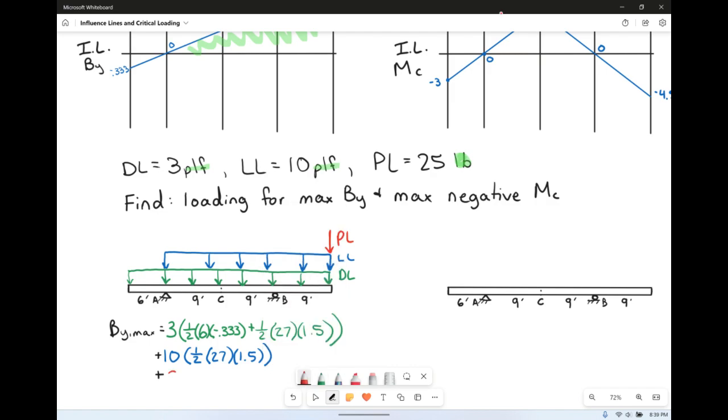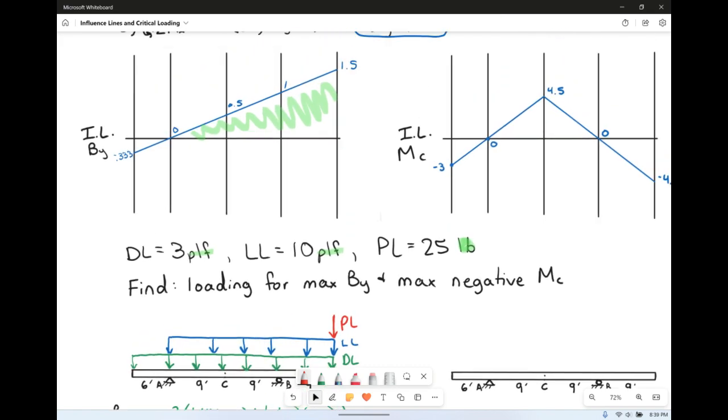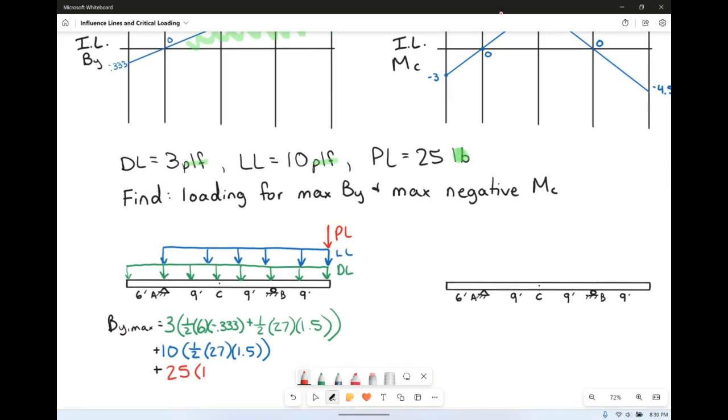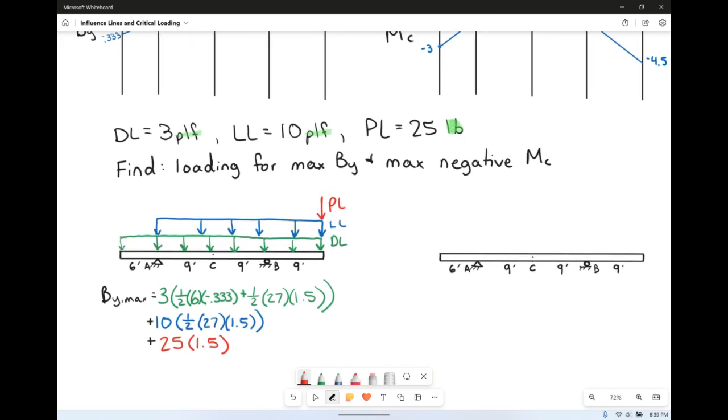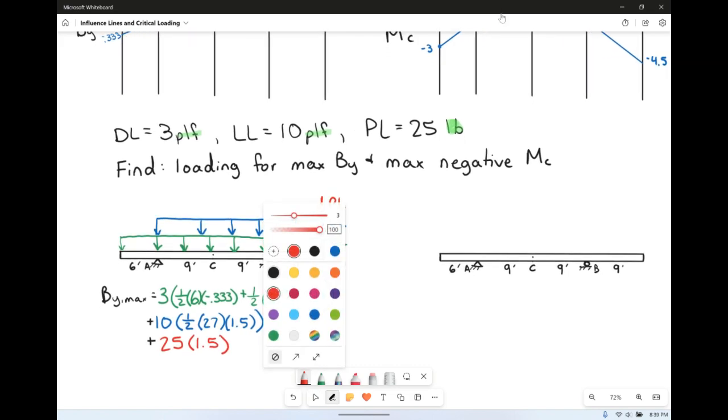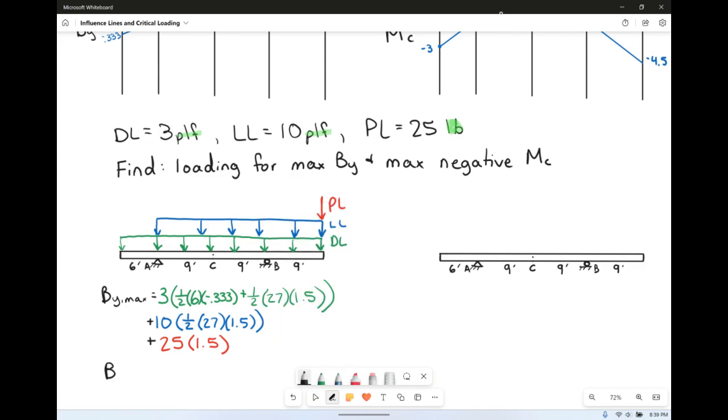The point load we said was 25 pounds. And again, it only acts at a point, and that point was 1.5. So if we add all of that up, we're going to get that By maximum is equal to 298 pounds.